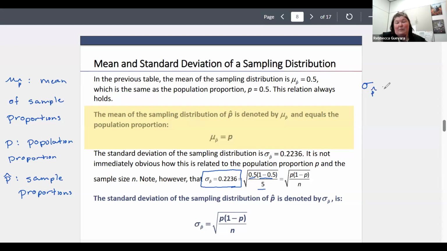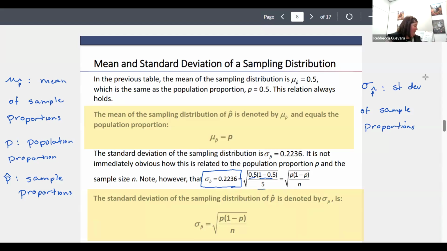If I did that, that would give back the standard deviation of my sample proportions. Sigma sub p hat, remember, is the standard deviation of sample proportions, so my p hats. I think the worst part about this is that you have to keep all these symbols in mind and what's really going on here. Once you get that down, it's a little easier to think about. But I think that symbology throws us off more than anything.